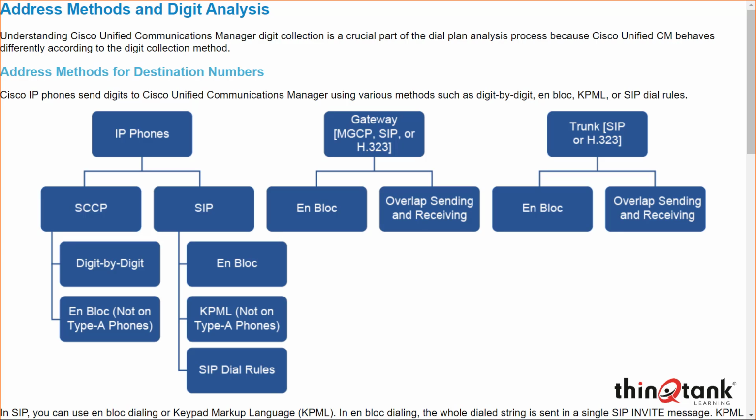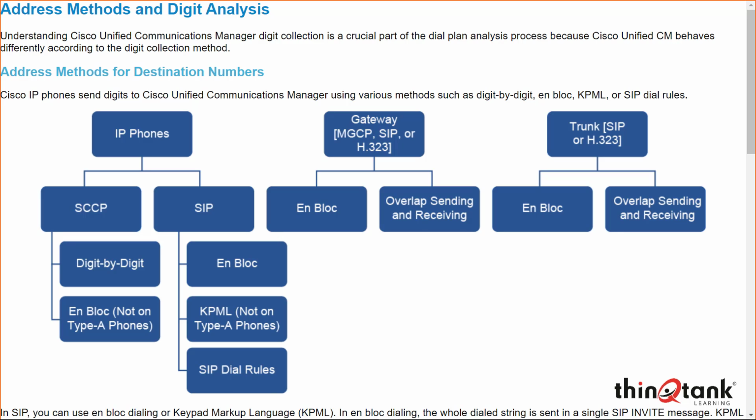The first digit gets sent in the initial call setup message, and then each additional digit that gets pressed is sent in what we call informational messages that follow. If we have variable length phone numbers, if we're not using a standard numbering plan, overlap signaling is something we would probably want to use. And receiving would be the same thing in the opposite direction.